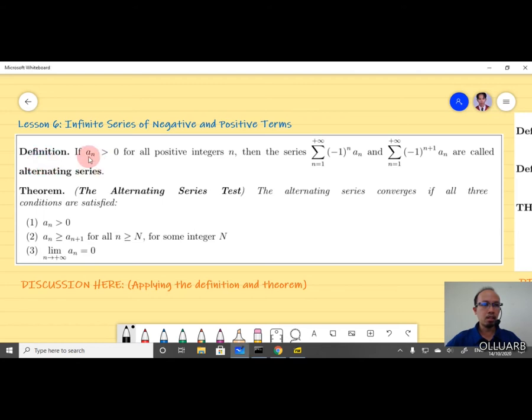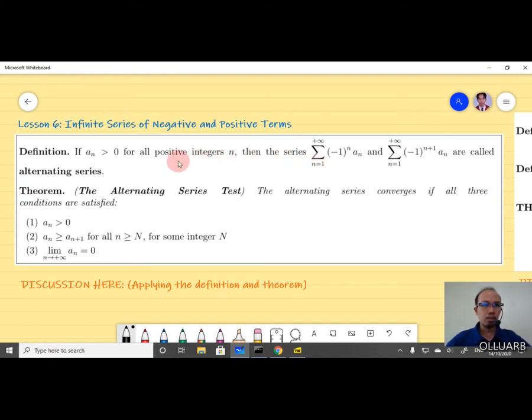As you can see here, you are given a positive term series for all integers n. We know that our n here starts from maybe 0 or 1 or 2.